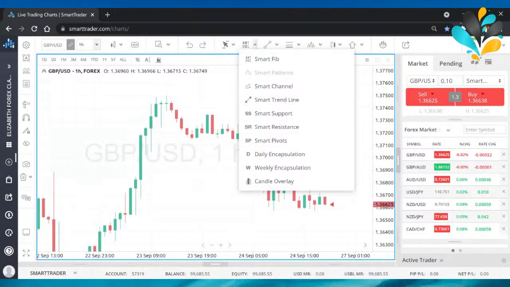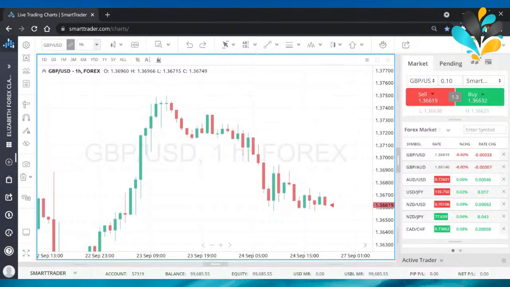But again, I'm not going to give you guys any cheat codes yet. I appreciate that Smart Trader automatically integrated these, what they call smart tools, so it automatically finds those technical analysis points for you. But again, no cheating.